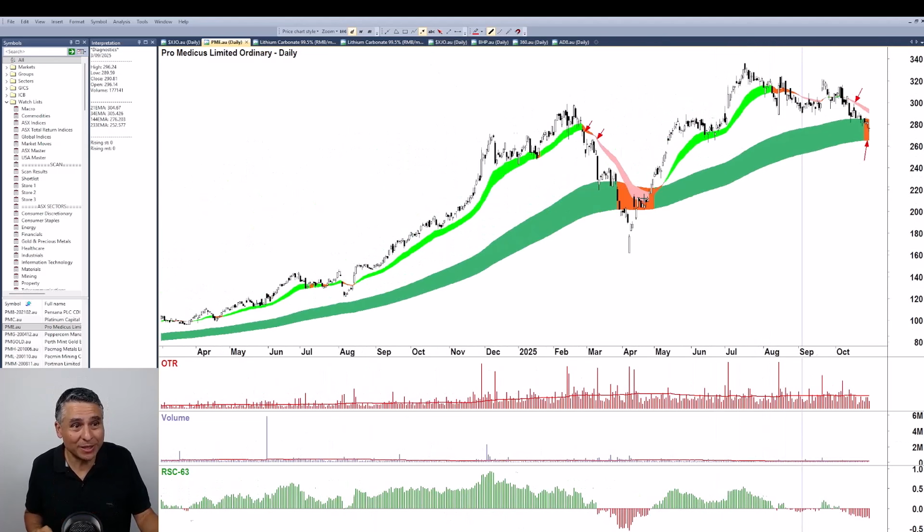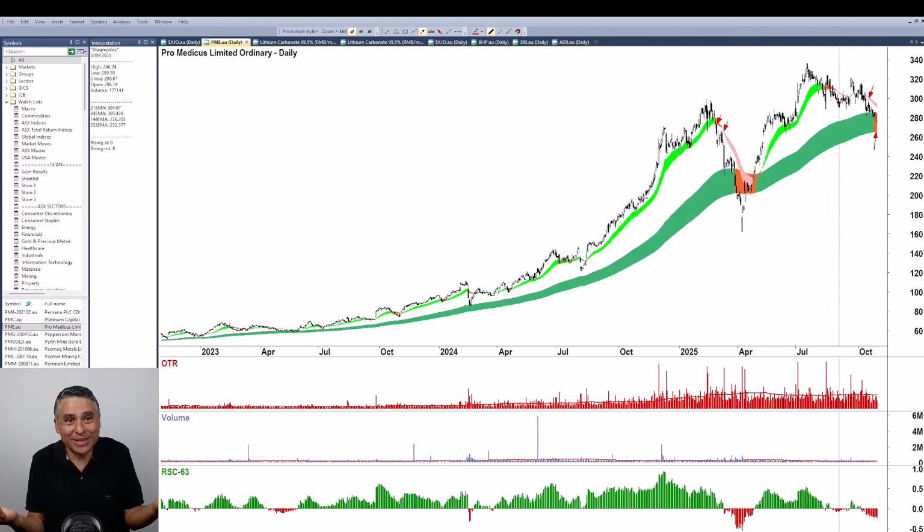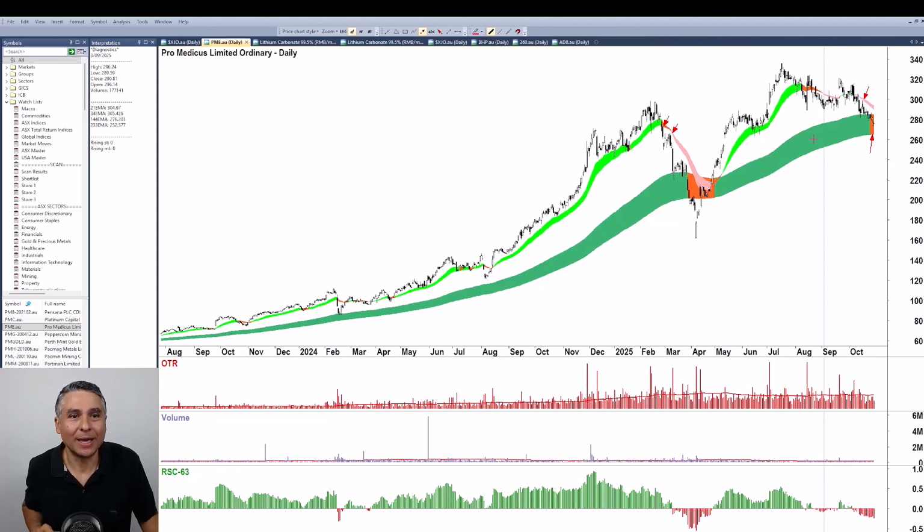Because Pro Medicus has been the best stock really on the ASX for years now, or it's been very, very up there. And certainly if you look at my ChartWatch scans, and I can tell you here exactly, if I type in Pro Medicus, this is offline, you can't see it, but I can tell you that 42 times, and don't forget ChartWatch ASX Scans only started in May 2024, on the 6th of June it went in, and then it went in on the 12th of June, then on the 13th of June, and so on and so forth.